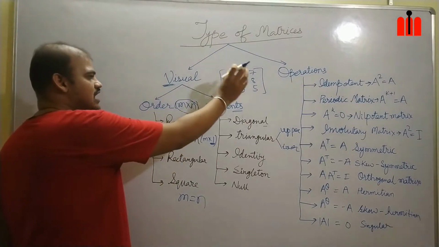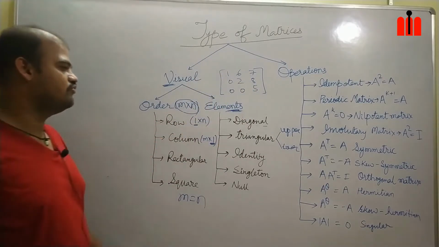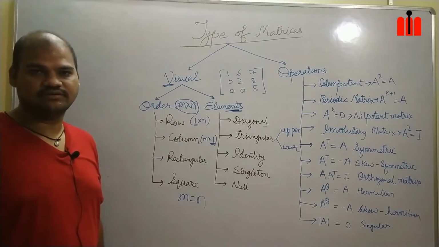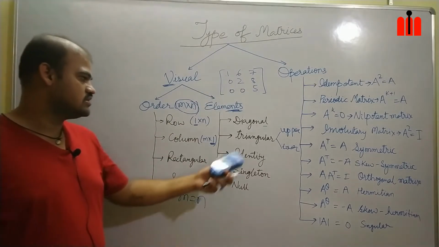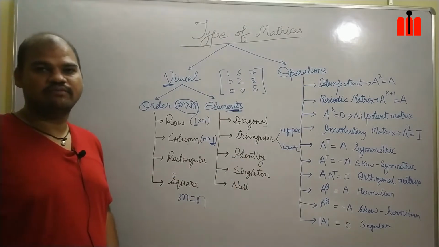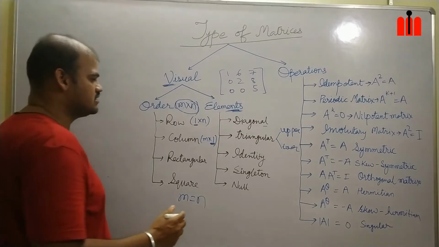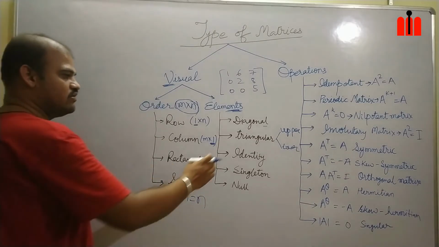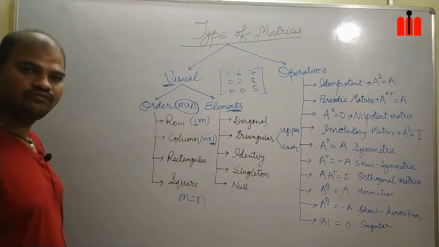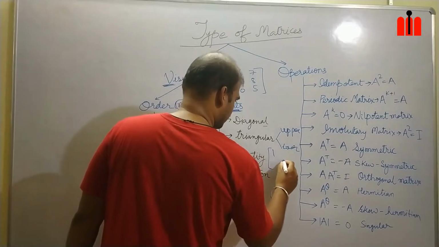Just by looking at the elements, focusing on the elements, we come to know which type of matrix it is. So this is a triangular matrix. Another very important matrix is the identity matrix. An identity matrix is a diagonal matrix with a diagonal of 1, 1, 1. So the identity matrix is this matrix.